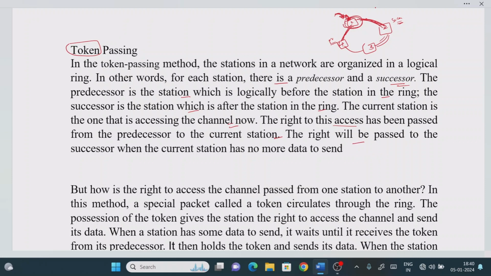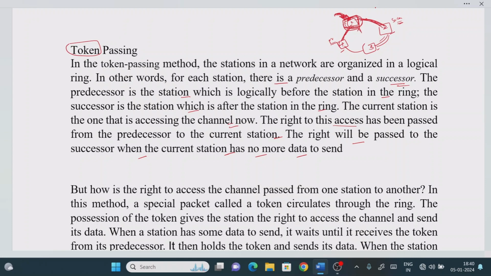The right will be passed to the successor when the current station has no more data. What is the meaning of this? Whenever a station wants to send data, it will hold the token. By using the token, all devices will think that the superpower is with station 1. It means that station 1 has the right to send information from one system to another system. Now my frame has completed at station 1.